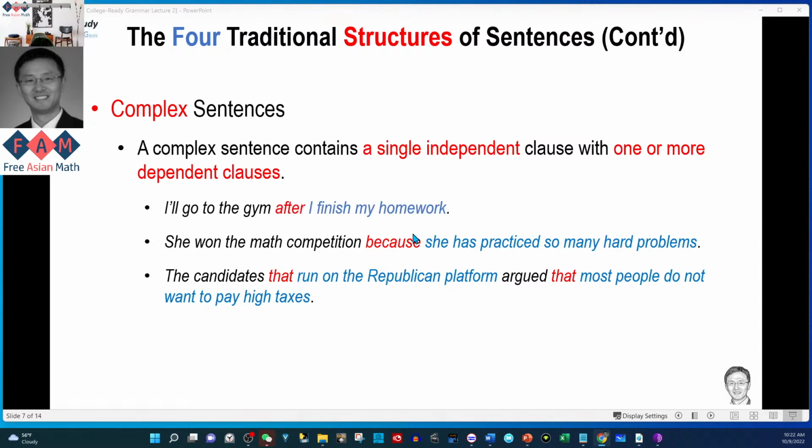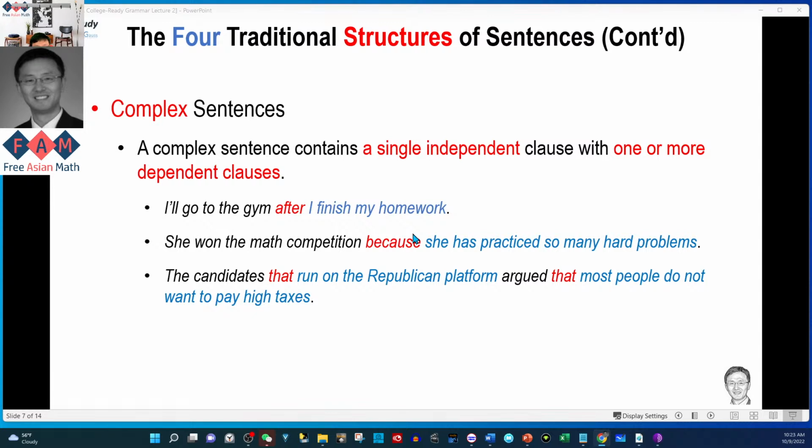So let's take a look at those examples. "I will go to the gym after I finish my homework." What is the main idea here? Is the main idea finishing the homework or going to the gym? Well, in this particular sentence, going to the gym is the main idea.